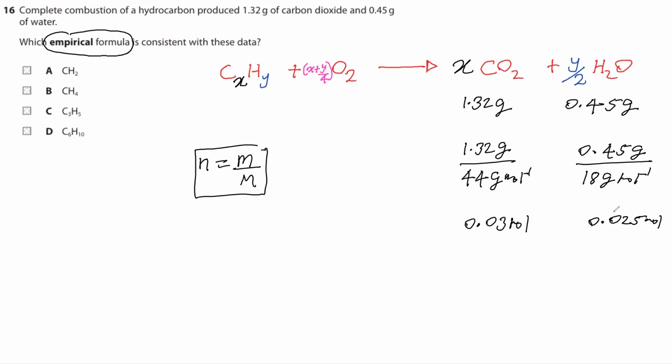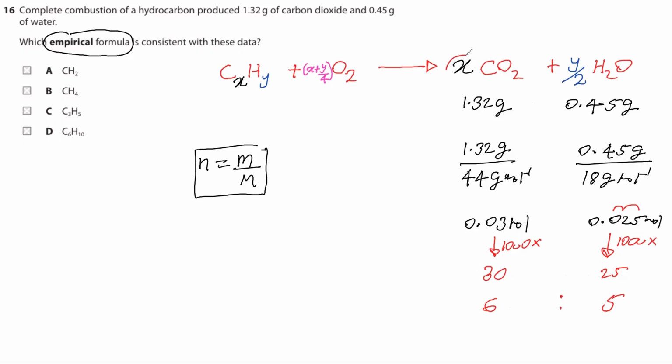I can see there are 3 decimal places, so I multiply both sides by 1000. When I multiply 0.03 by 1000, it becomes 30. 0.025 by 1000 becomes 25. With 30 to 25, you can see the simplest ratio. Yes, 5 times 6 is 30 and 5 times 5 is 25. Alright, so I get the ratio.